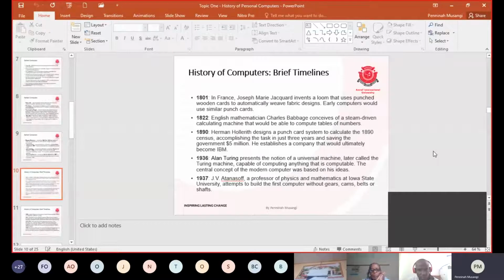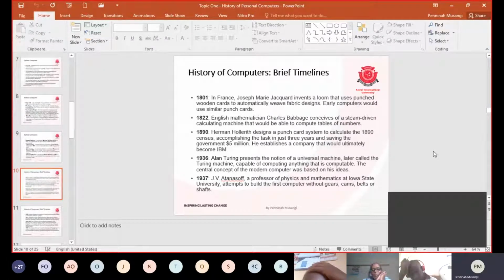1822, Babbage came up with a calculating machine that was used to compute tables of numbers. 1890, Hollerith, whom I was talking about, designed a punch card system and the tabulating machine, which was used to calculate the 1890 census.